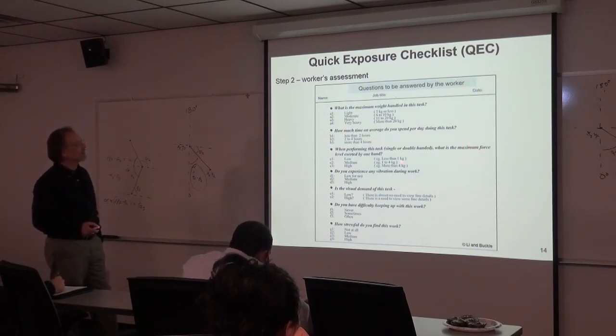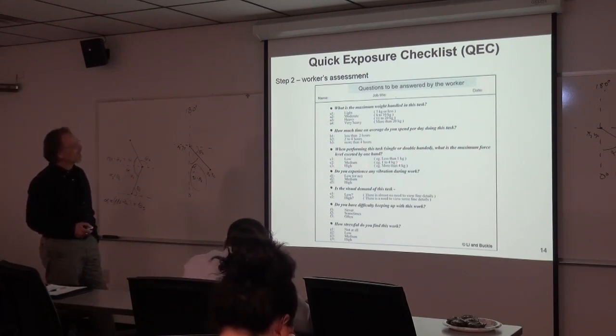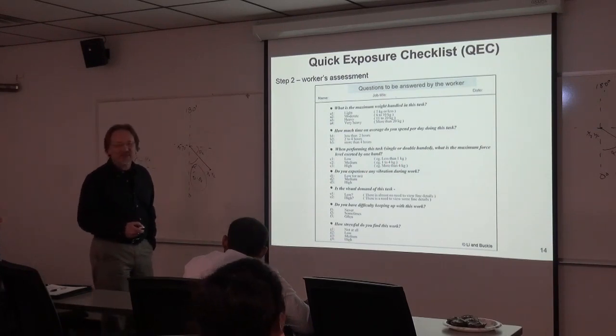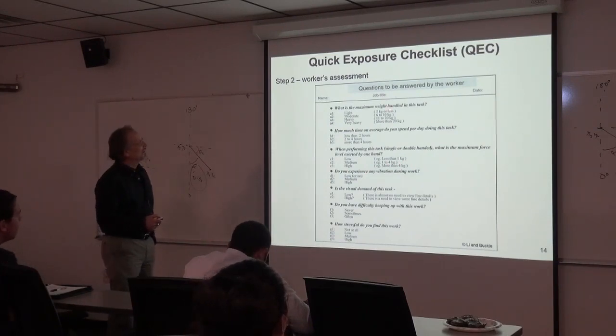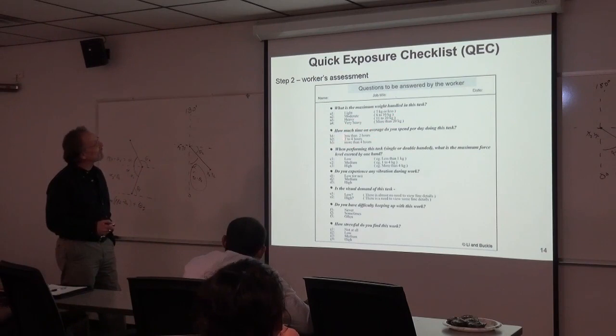Single or double-handed was the maximum force level exerted by one hand. Okay? And they're going to have to guess this. This is very psychophysical, in addition to being psychosocial, because this, they might know, but they'll probably estimate. The time performed the task, they'll probably estimate it being more than it is.